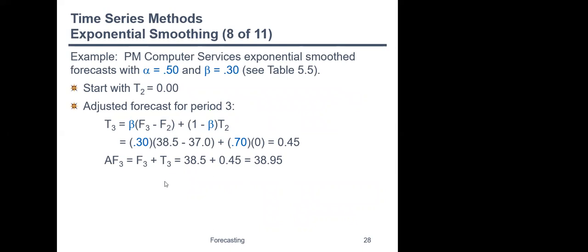The F3 was the already calculated forecast for period 3. That is giving us 38.5. So the 38.5 plus our 0.45 gives us 38.95.